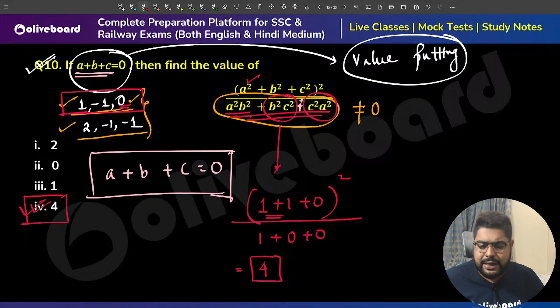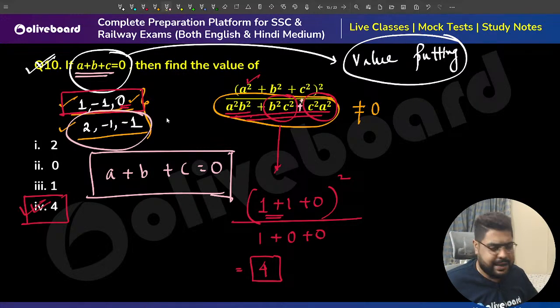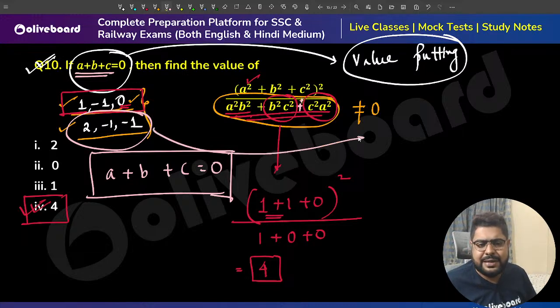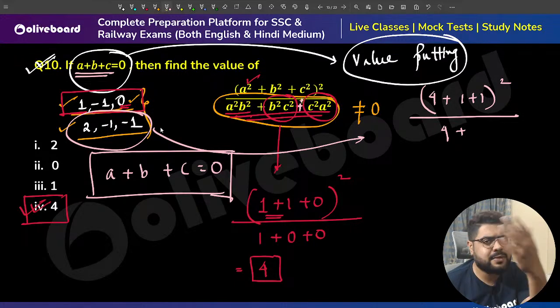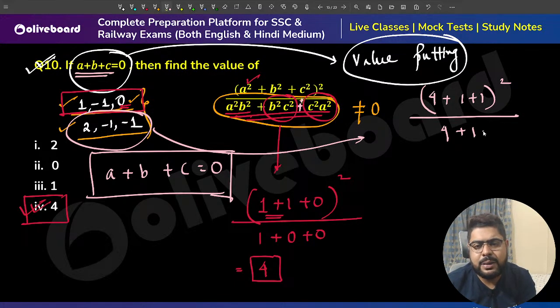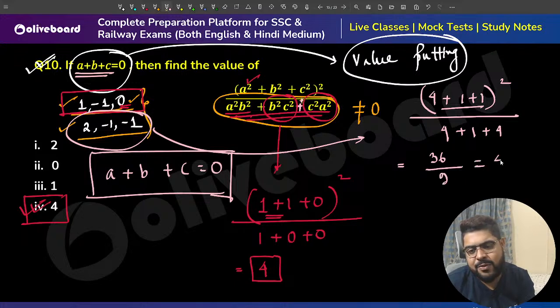Let us try. 2 square is 4, minus 1 square, both positive, so 1 plus 1 whole square, divided by 2 square into 1 square, 4 plus b into c, 1 into 1, is 1, plus c into a, which will be 4 again. So 6 square is 36, divided by 9. Again we are getting 4.